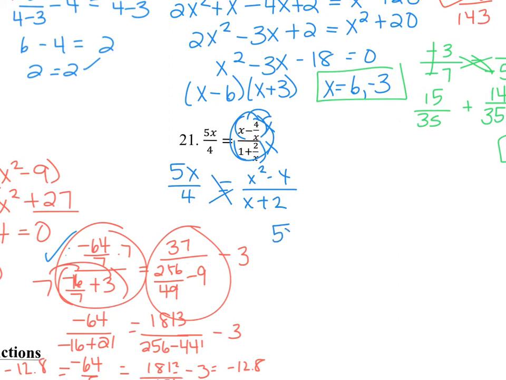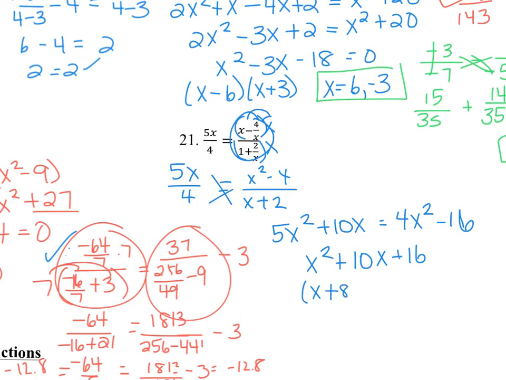So I'm left with 5x squared plus 10x equals 4x squared minus 16. So now I'm left with x squared plus 10x minus 16. Nope, it's positive 16. So now I have x plus 8 and x plus 2. So x is equal to negative 8 and x is equal to negative 2.